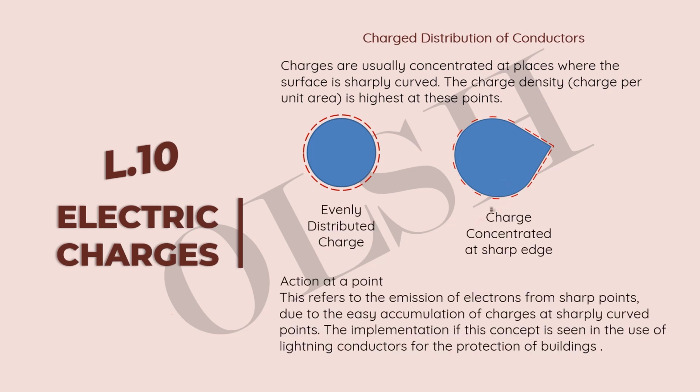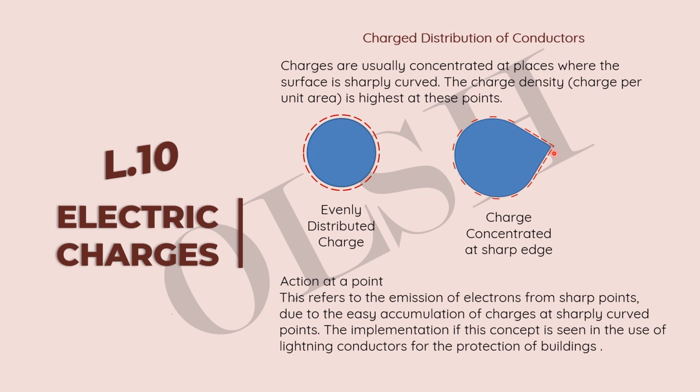That brings us to the term action at a point. Action at a point is the emission of electrons from sharp points. Because there's a concentration of electrons at this point, electrons can easily be emitted from them because the concentration there is high.